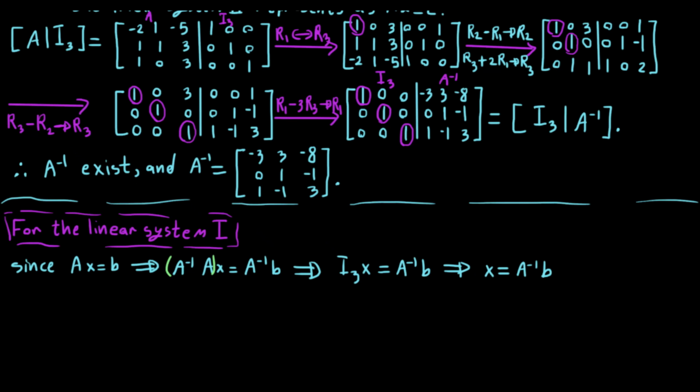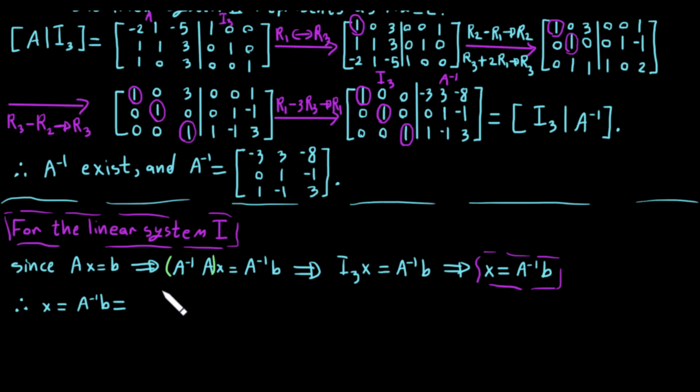Let's change the color. So for the linear system 1, x equals A inverse multiplied by b. Therefore x equals A inverse multiplied by b, equals A inverse, which is here.